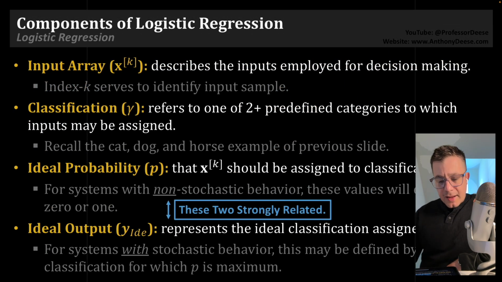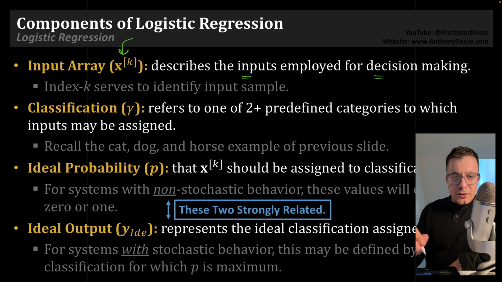So let's take a look at the components of a logistic regression. The first is the input or the input array, right? That describes the inputs employed for decision making. We can assume that X is an array, and the superscript K simply tells us which training sample we're dealing with. Classification, I use the Greek symbol gamma to refer to that.